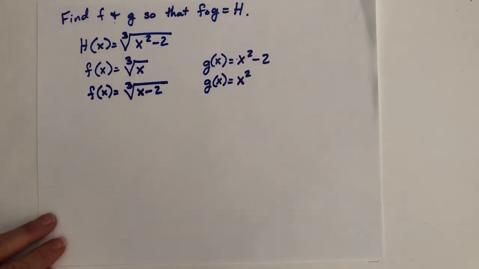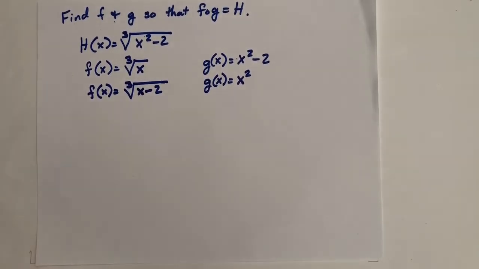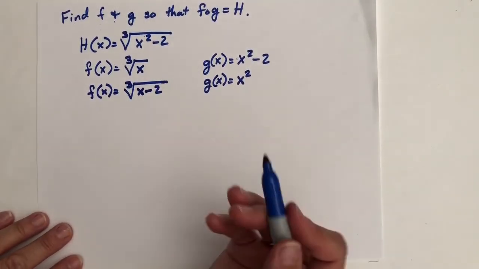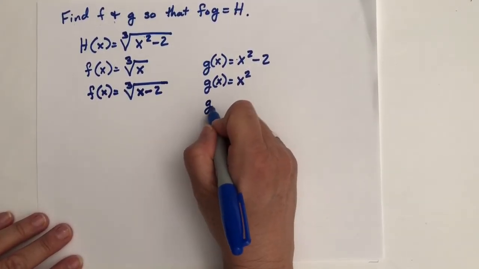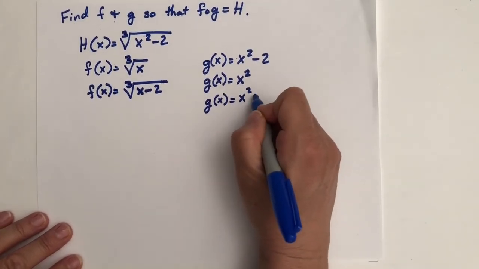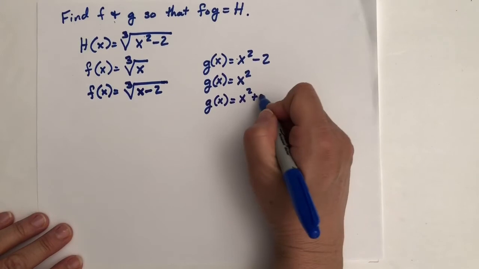And let me just mention, I said on the previous problem there were an infinite number of ways, but I didn't actually give you an example. Let me give you another example to illustrate that point. Suppose I wanted g of x to equal, say, x squared plus 5.